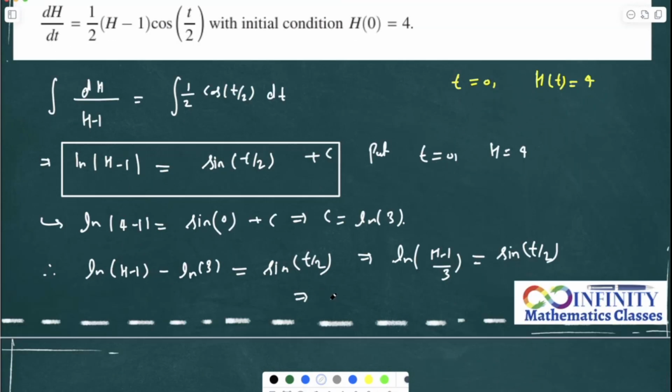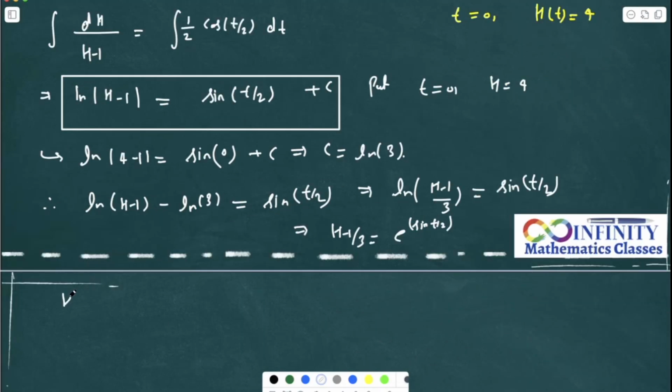This is going to be h minus 1 divided by 3 is e exponent 2 sine t by 2. And the value of h is going to be 1 plus 3 times e to the power 2 sine t by 2. Any doubt? So there are only three parts we did. That is all the three parts. Question number 3 is done.